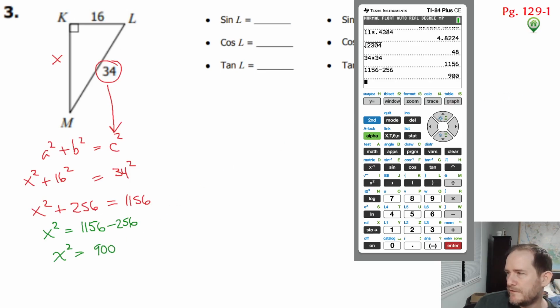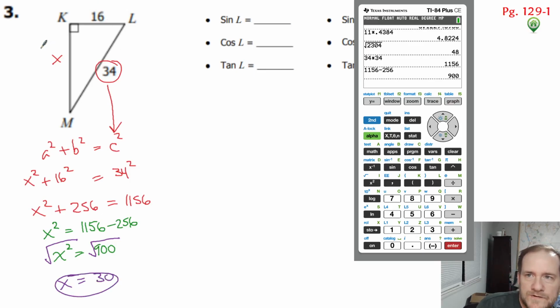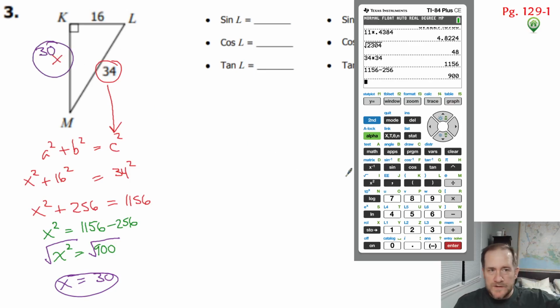But now we take the square root of both sides. If I take the square root of x squared, it turns into plain old x. If I take the square root of 900, this is another one that actually comes out cleanly. It's exactly 30. So we can use 30 as the side over here. And then all of our trig values should be easy.